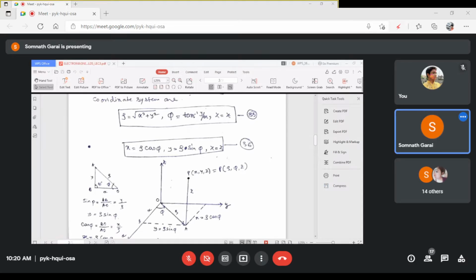Shubham Roy. Yes, very good, Shubham. These are the values and this is the vector in the cylindrical coordinate.